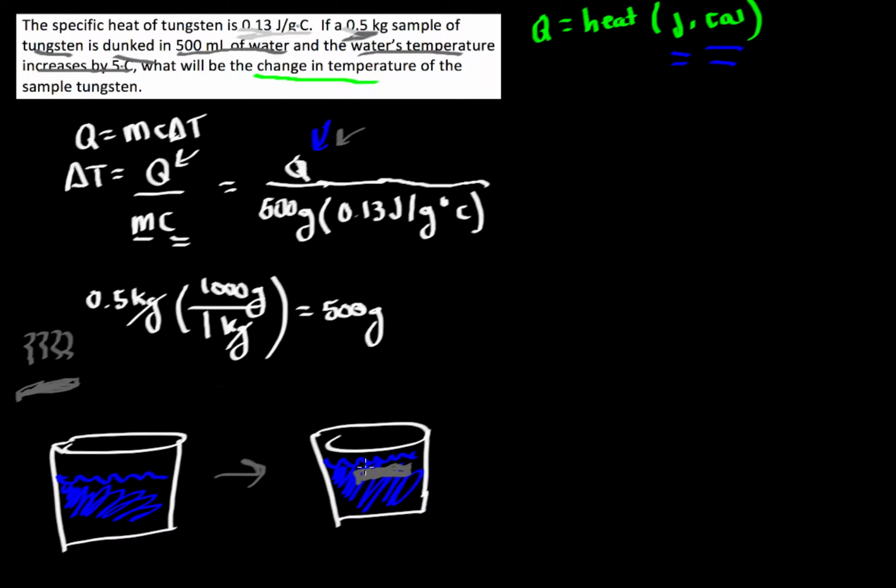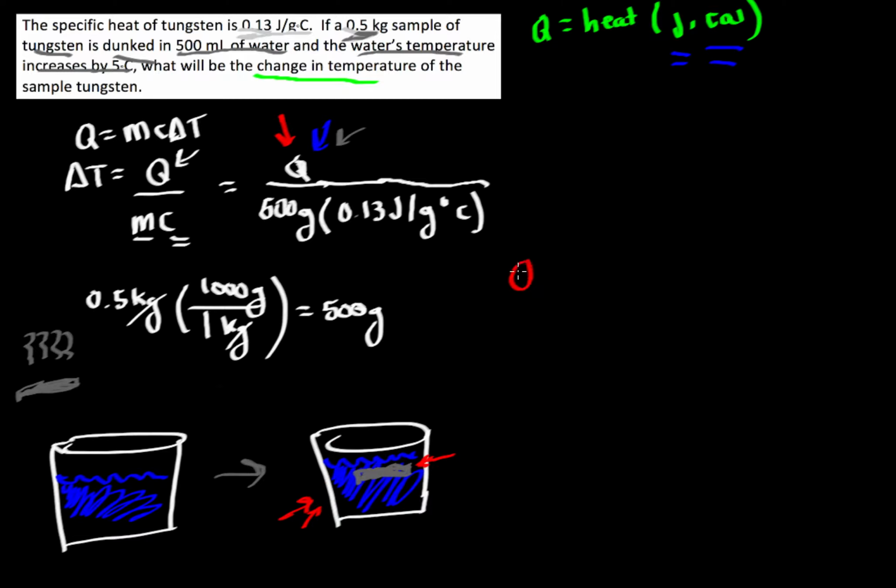I can't remember which law it is, but one of the laws says that energy can't be created or destroyed, it can only be transferred. So any heat gained by the water was lost by the tungsten, and we can calculate how much heat the water gained.